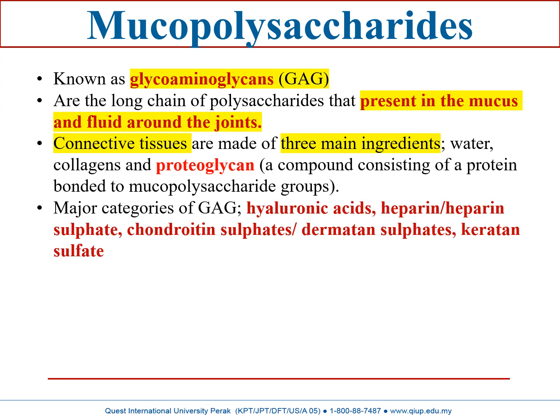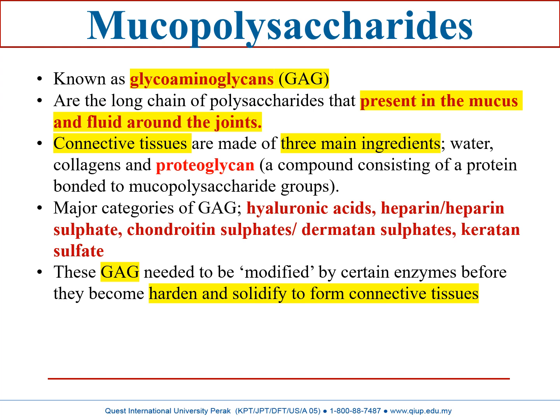So these are major categories of GAG: hyaluronic acid, heparin, heparan sulfate, chondroitin sulfate, dermatan sulfate, quite a lot of types. But they all have the amino group that distinguishes them from sugar alone.